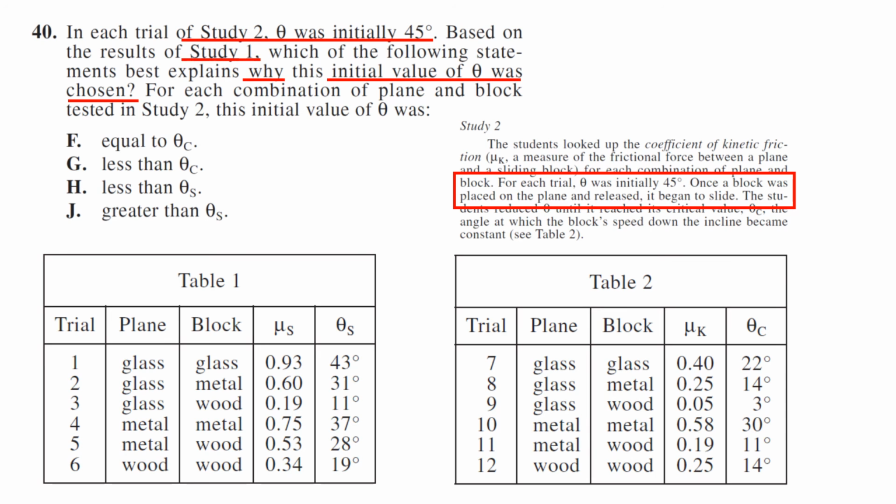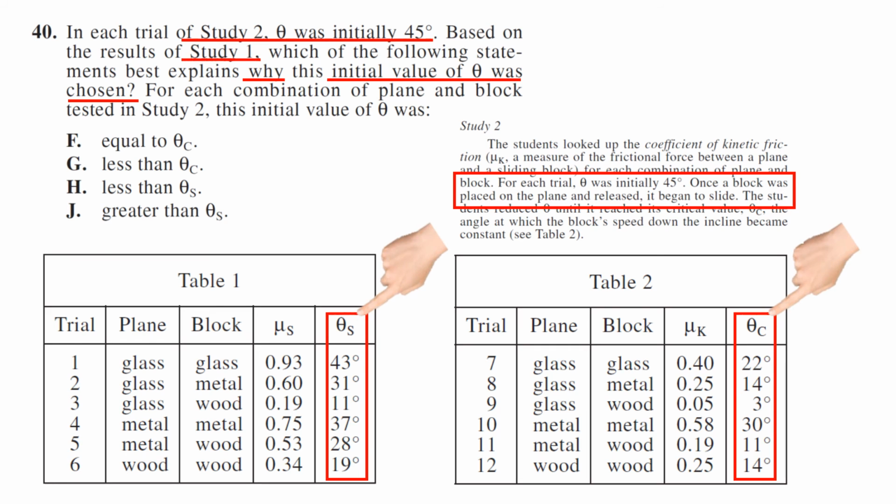So what they're doing in study 2 was they had a ramp and they're raising it, or it's already raised, to see at what angle when they lower it does it stop moving. So it had to be greater than S, and we can see that here, right? So that whenever they put the block on there, it would start sliding. So your answer has to be J.